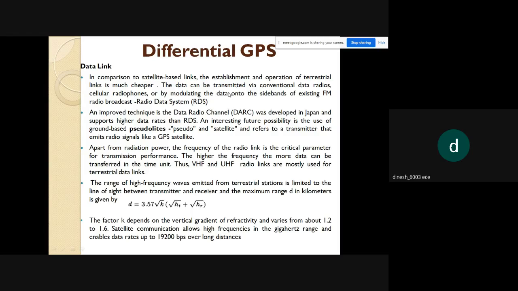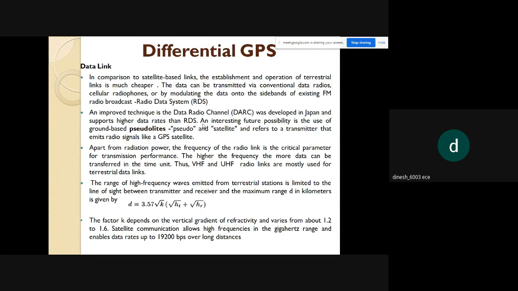In DGPS, an improved technique, the data radio channel or DARC, which was developed in Japan, supported a higher data rate than RDS. There is also the possibility of pseudolites, which we call pseudo satellites, that refers to a transmitter that emits radio signals like a GPS satellite, being developed, having a higher data rate than radio data systems.